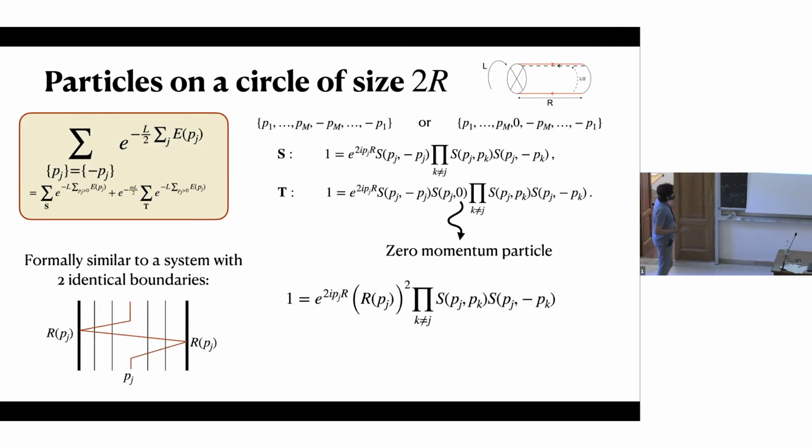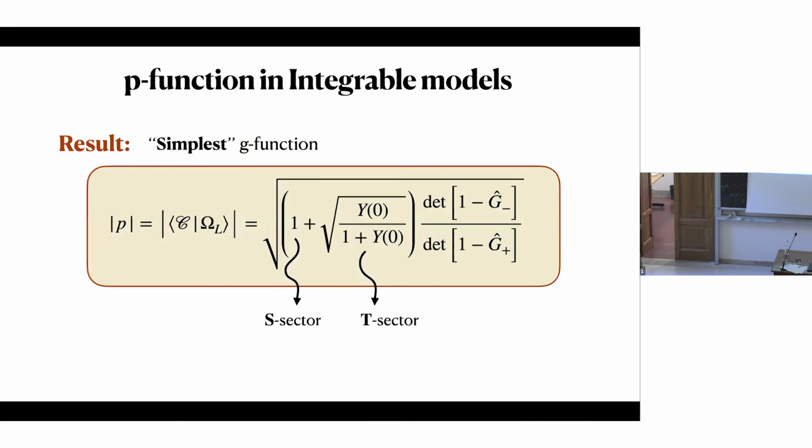And this reminds you very much of the Bethe equations that you would write for a system with boundaries, except that now the reflecting factors are a little bit different for the S sector and the T sector. So you can just recycle the formulae for the boundary case, and you do all this technology, and at the end you get this result.